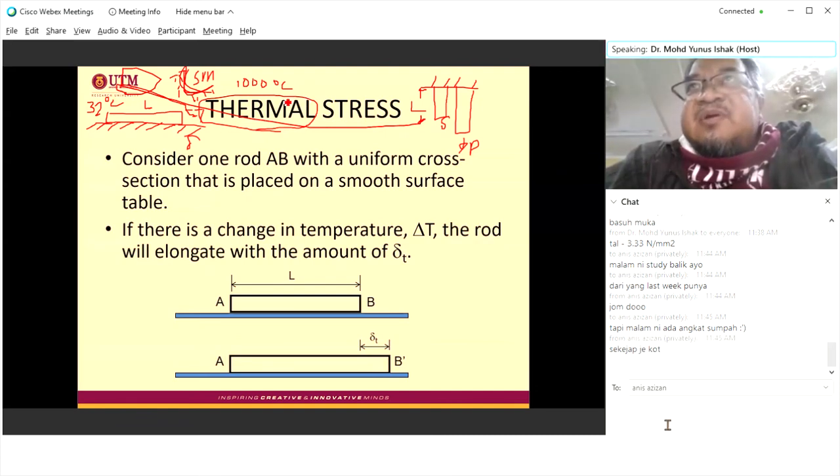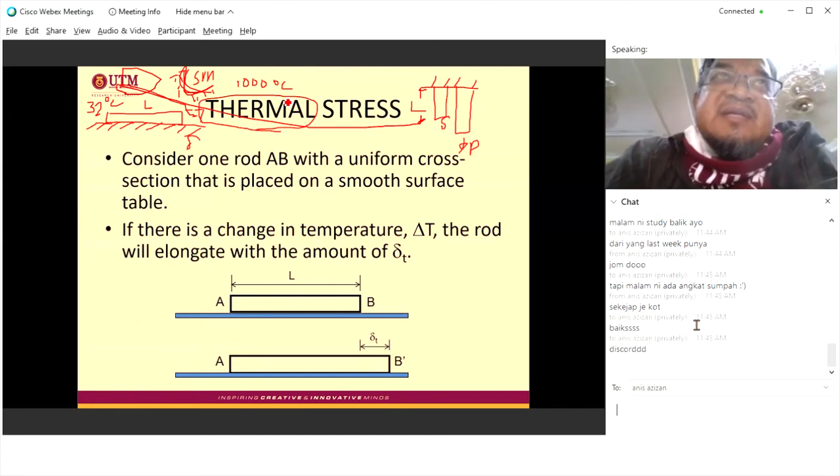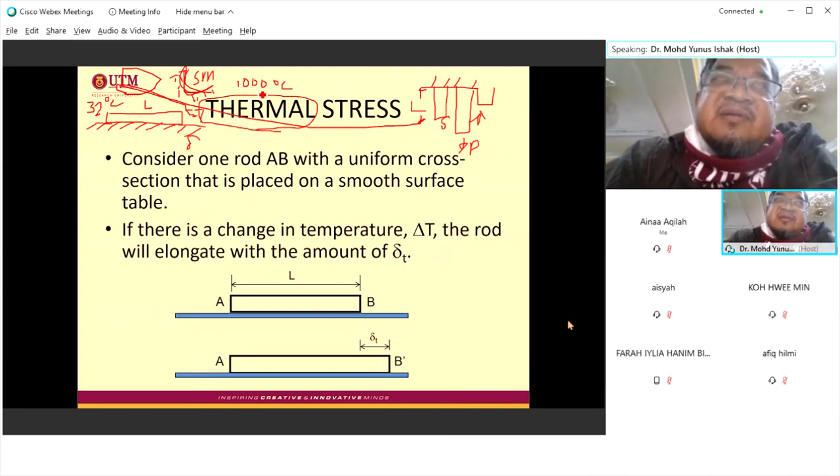If you put the compression, the material will shorten. If you leave it without any forces, this material will elongate, due to increasing your temperature.